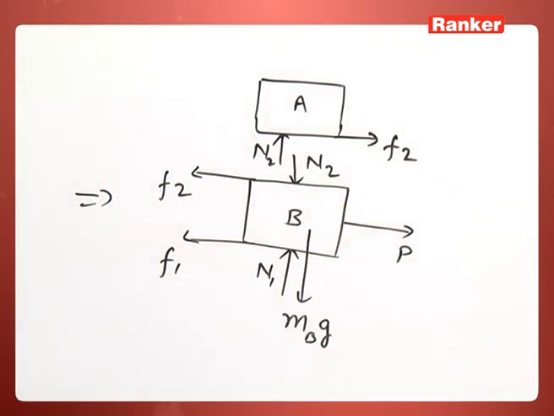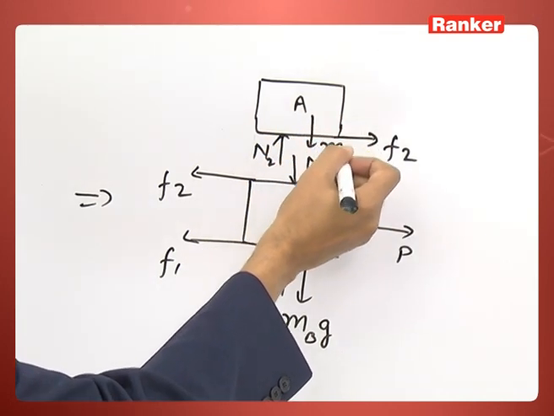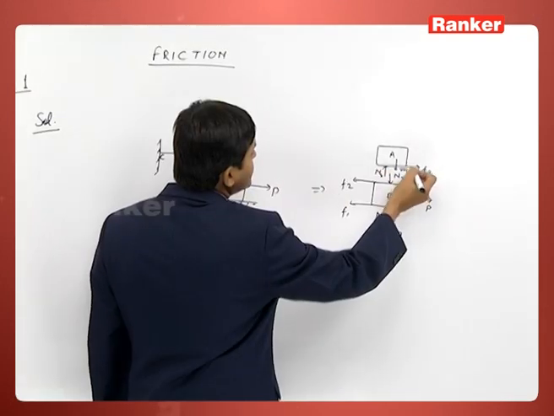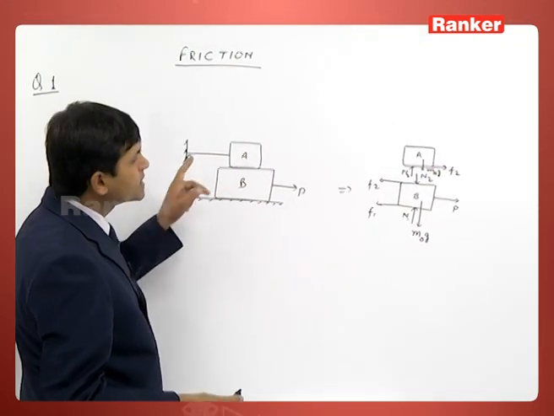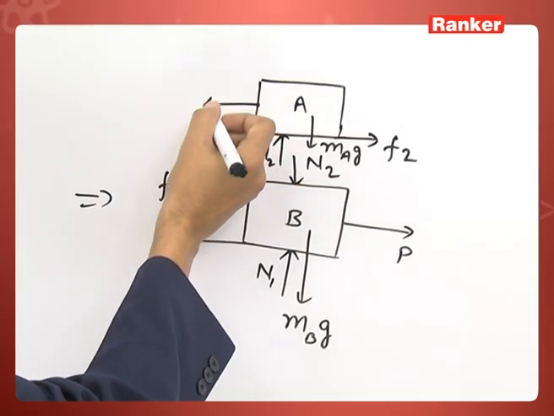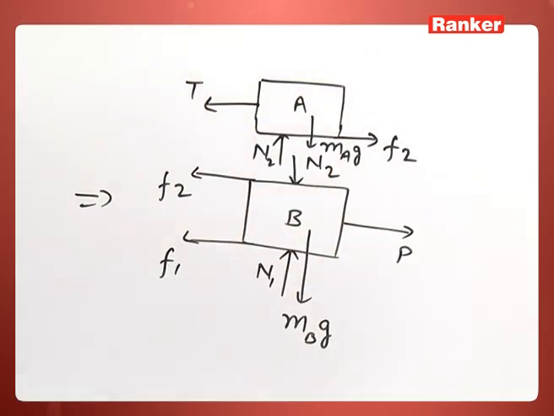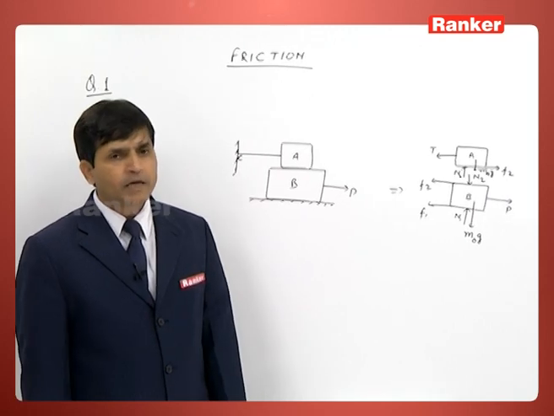Another force on block A is its weight MA into g. Now since block A is attached with a string, that string is also applying a force, which can be called T, the tension force. So these are the forces acting on block A.